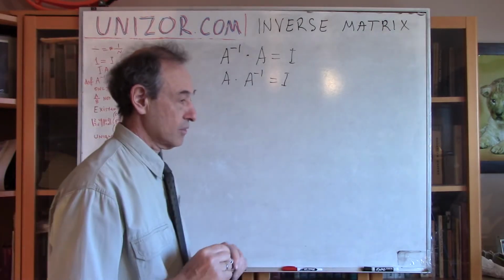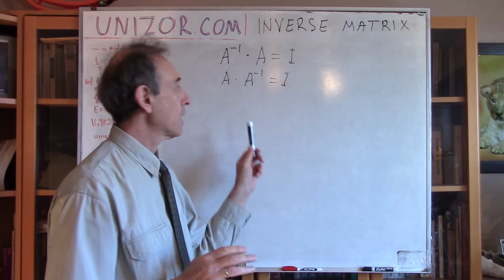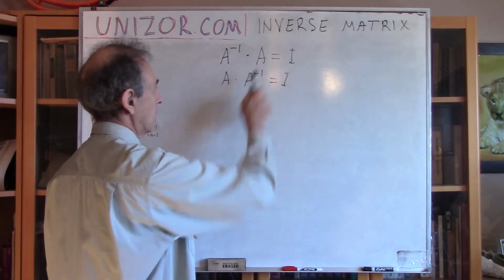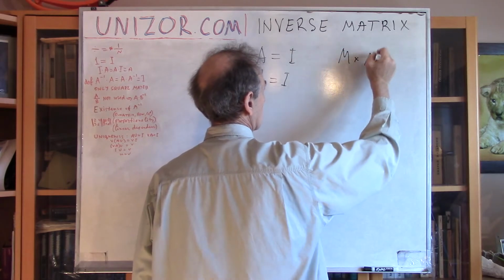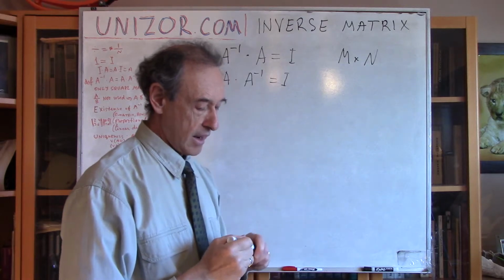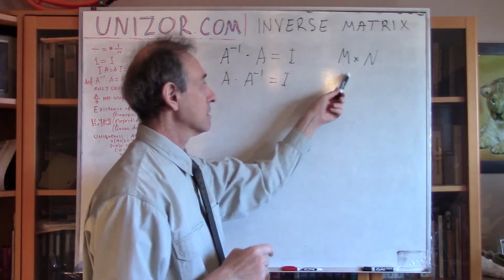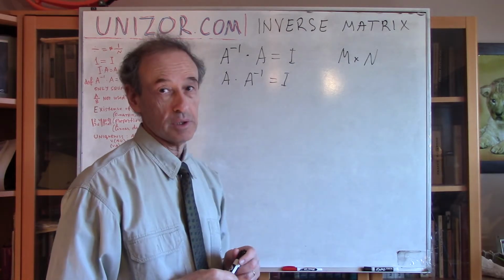Okay, so first of all, let me speak about the dimension of the matrices. Can matrix A, which has m rows and n columns, where m is not equal to n, so it's not a square matrix, can this matrix be invertible?